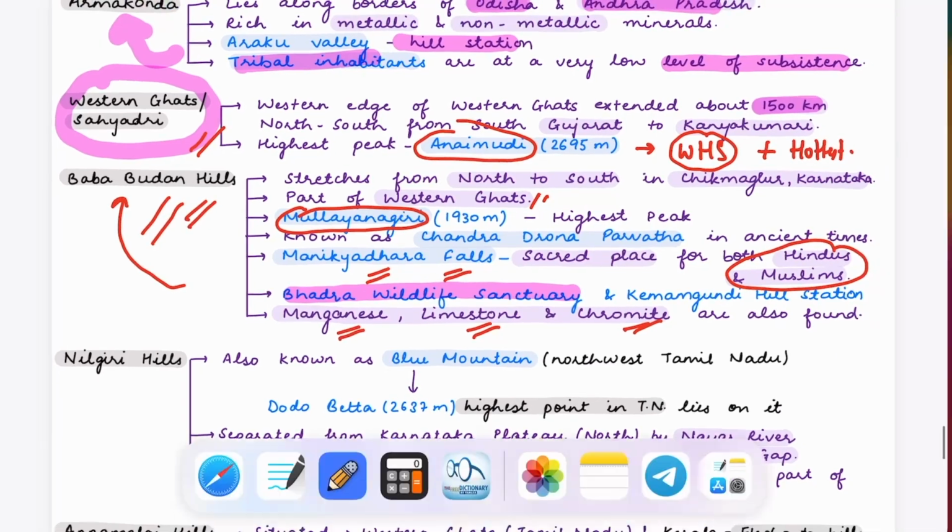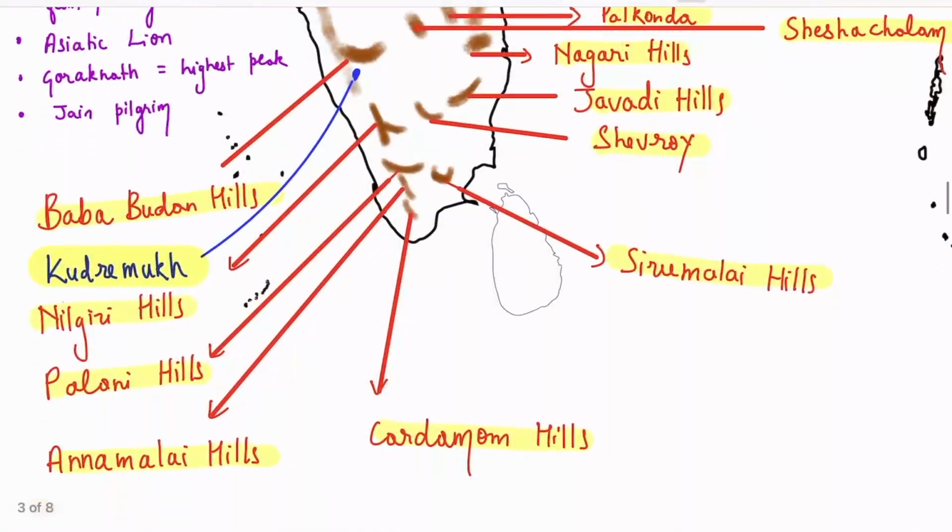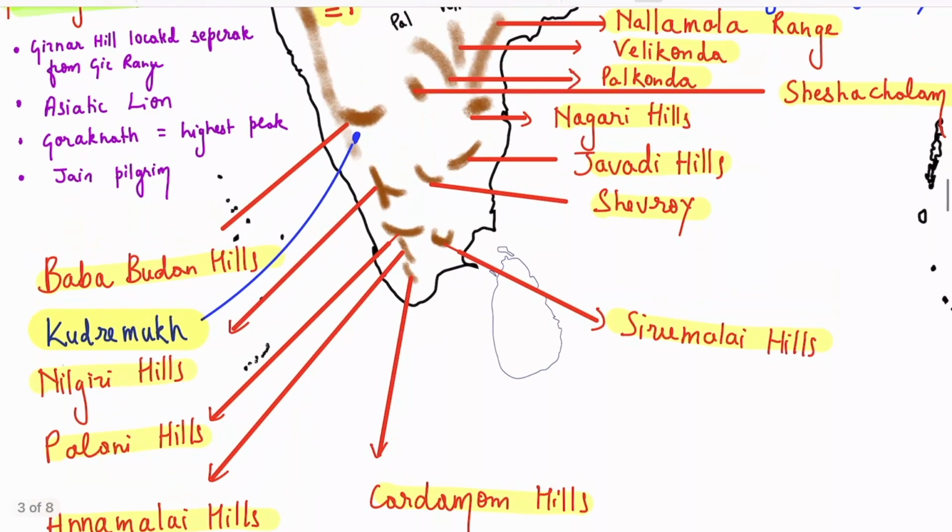Then, if we go a little bit down from Baba Budan Hill, here you can see in blue color there is Kudremukh. Kudremukh is the peak, and literally Kudremukh means the face or the mouth of a horse.